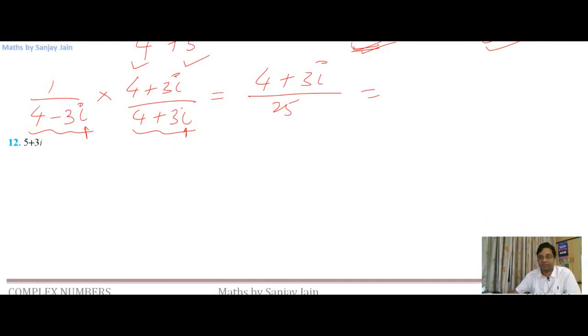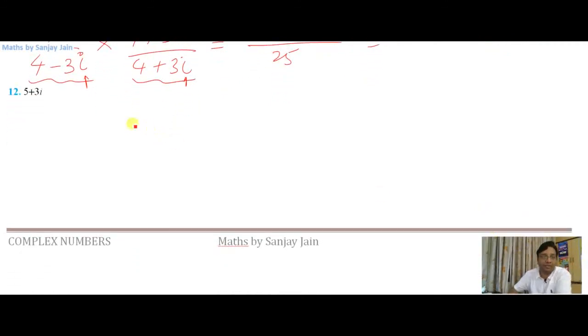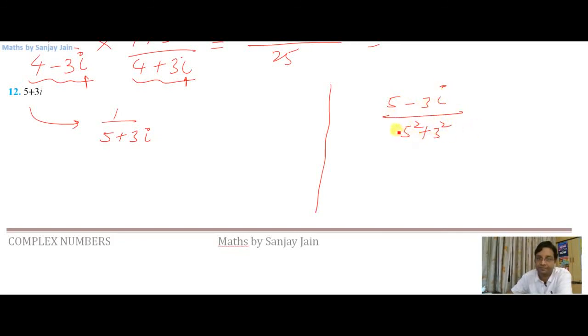Similarly, 5 plus 3 iota will have its multiplicative inverse as 1 by 5 plus 3 iota, and directly you can write it as 5 minus 3 iota divided by 5 squared plus 3 squared, which is 5 by 34 minus 3 by 34 iota.